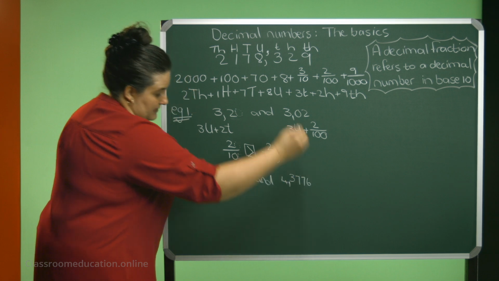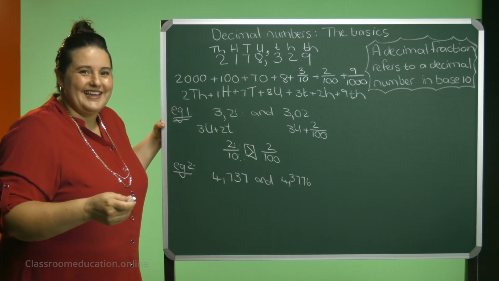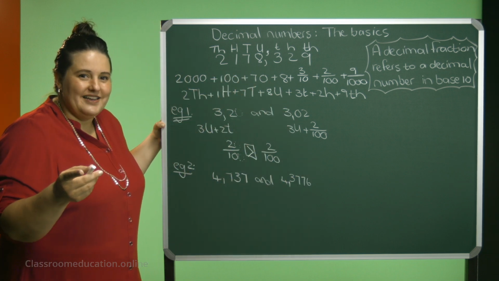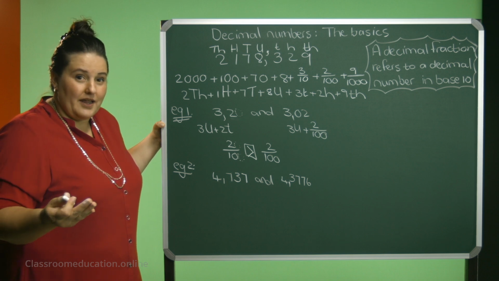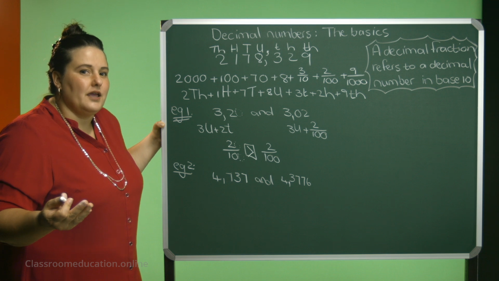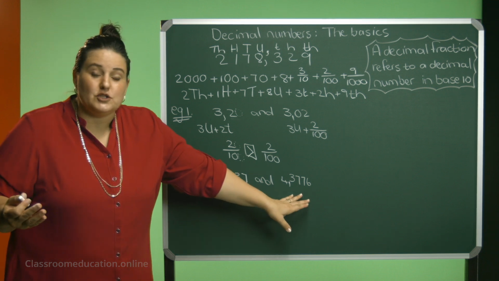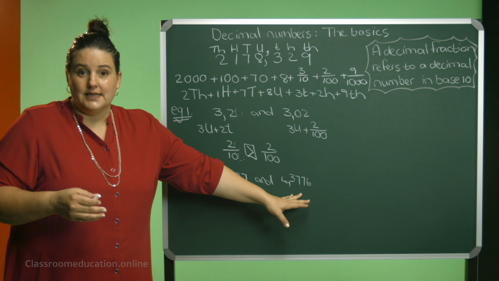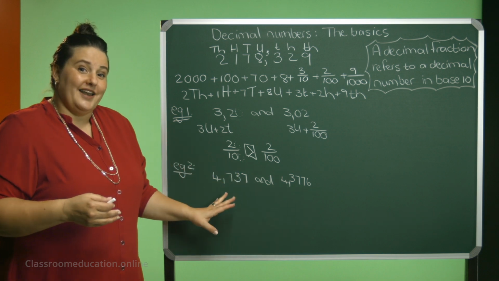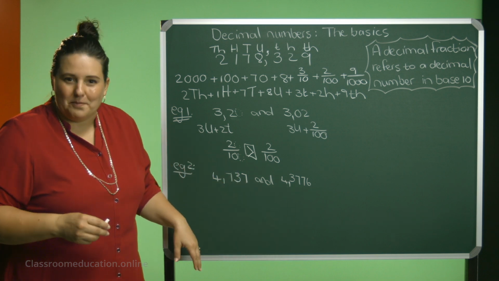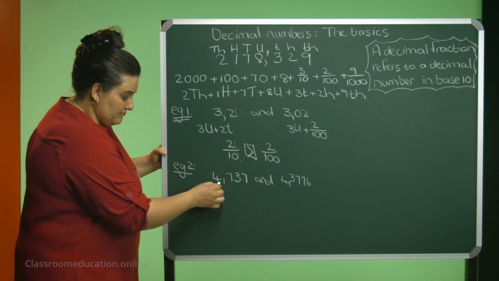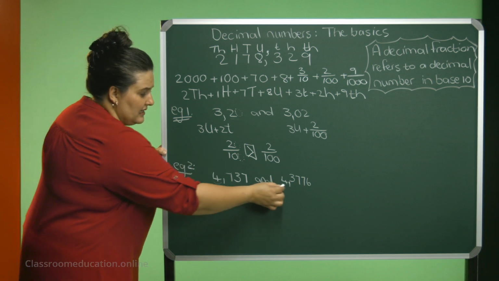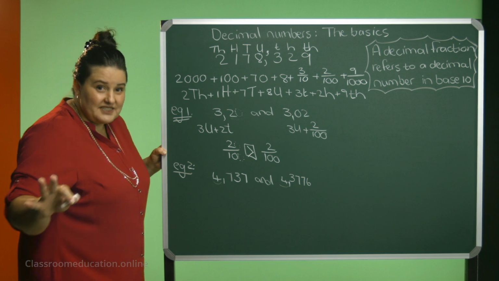4,3776. Okay, do you know what's going to happen? Can you see which one is the bigger one? What do you think? Maybe this one because we have 4 decimal places? Or maybe this one? Let's have a look. Let's compare. Here, if I have a look at my units, 4 and 4, they're the same.